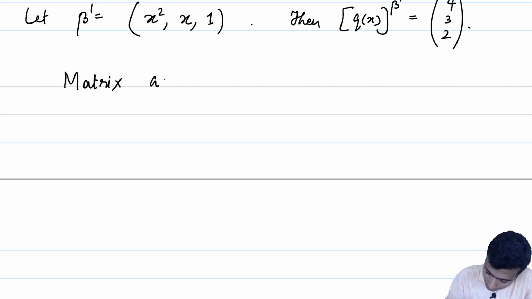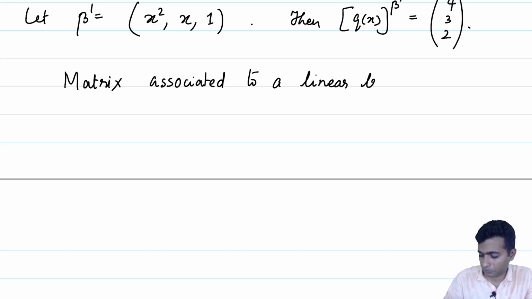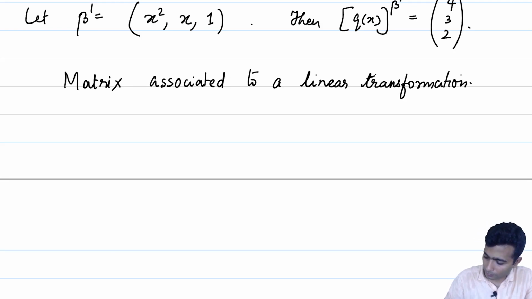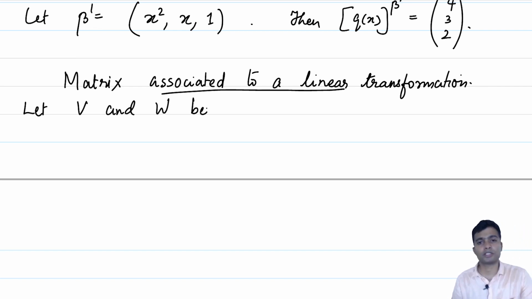So matrix associated to a linear transformation. So let V and W be finite dimensional vector spaces.